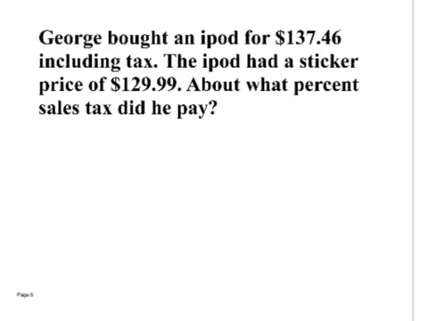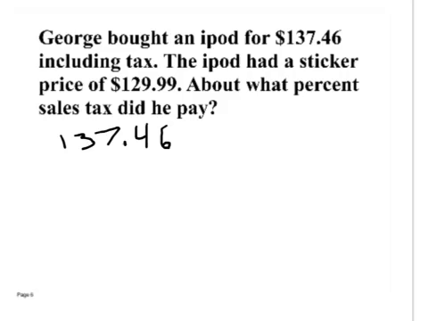It says George bought an iPod for $137.46, including tax. The iPod had a sticker price of $129.99. About what percent sales tax did he pay? First thing we have to do is find out how much he paid in just tax. We know what the total cost was. It was $137.46. So I wrote down how much he paid total.